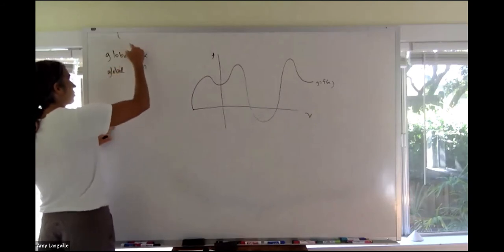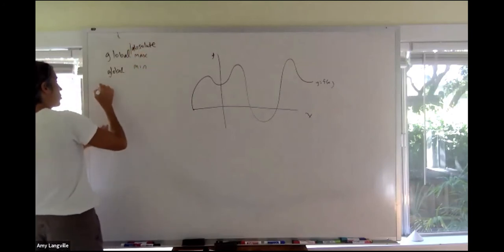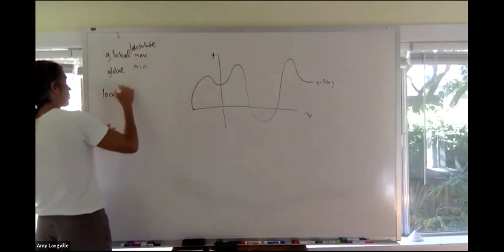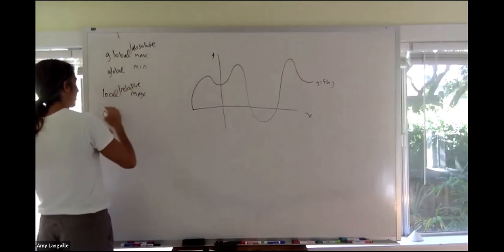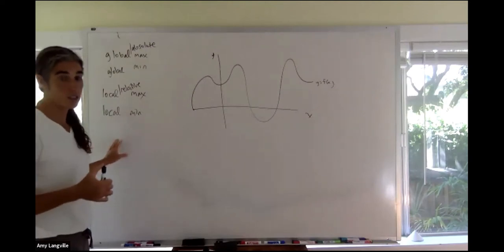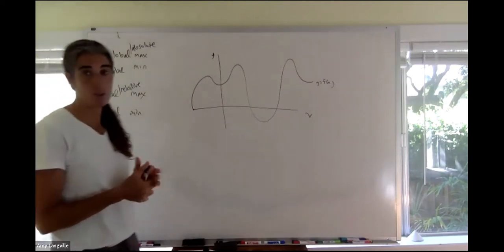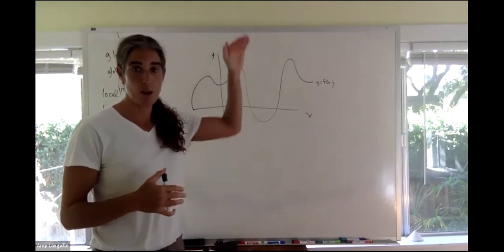They're also sometimes called absolute, as opposed to local, which are also sometimes called relative. Max and local min. Okay, and what these 4 types of extrema mean. So extreme means extreme in either direction, so either a max or a min.